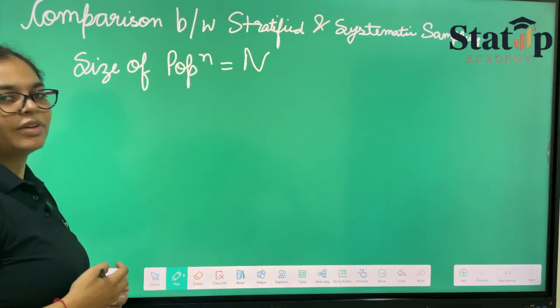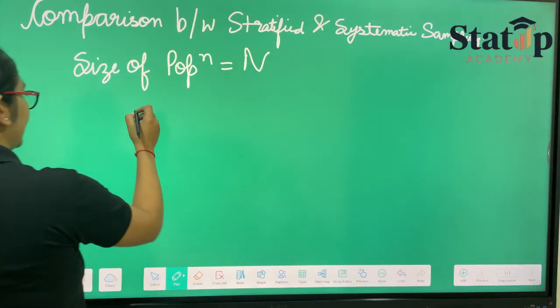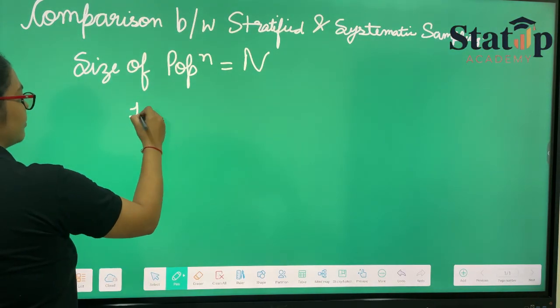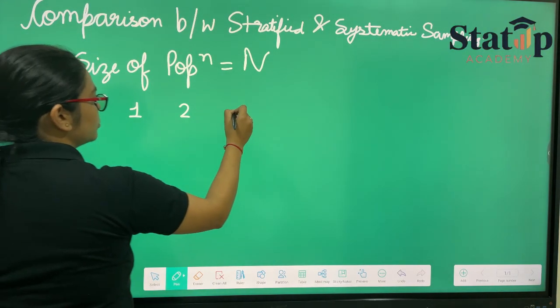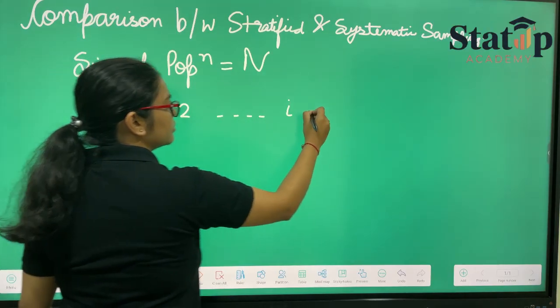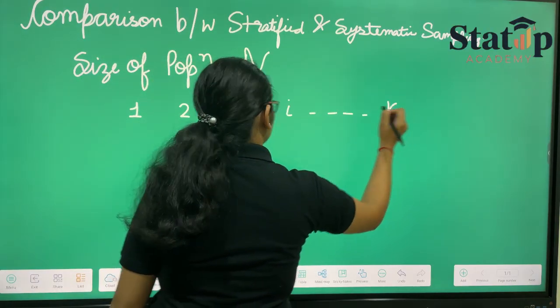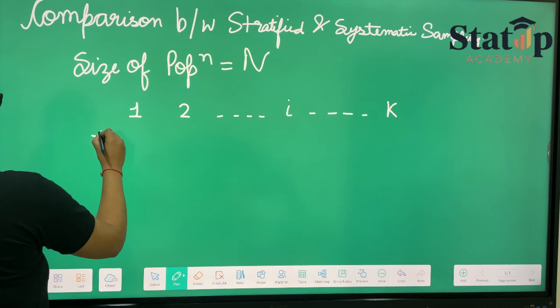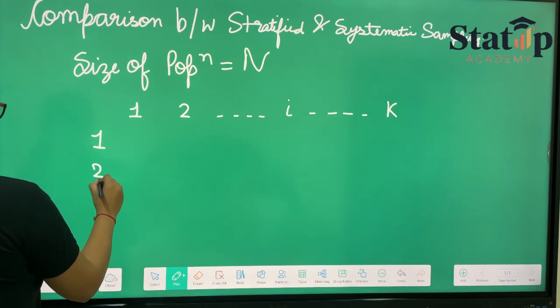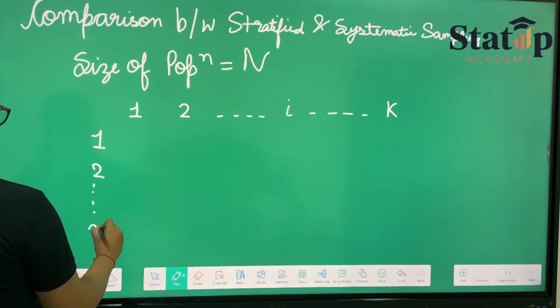In systematic random sampling, when we did the layout, the samples were given like 1, 2, i, k, and here the rows were mentioned as 1, 2 up till n.